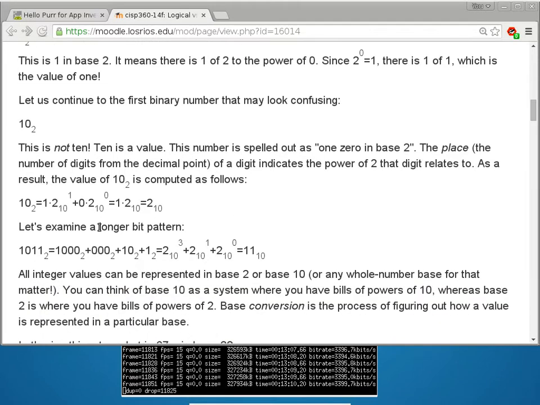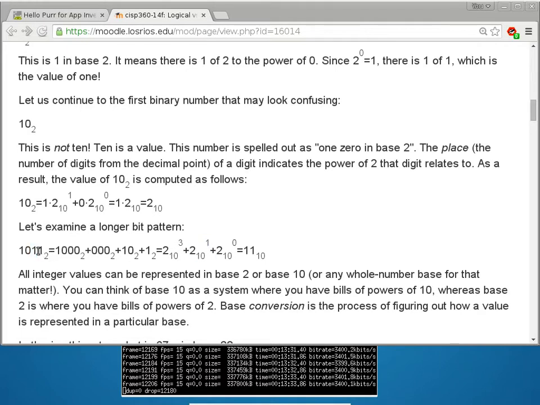All right, so now we look at a different number here, which is 1011 in base 2. The 1 represents that we have 1 of 2 to the power of 3. This 0 means we have 0 of 2 to the power of 2, and I don't even bother to represent it here. This 1 represents that we have 1 of 2 to the power of 1, which is this one here.